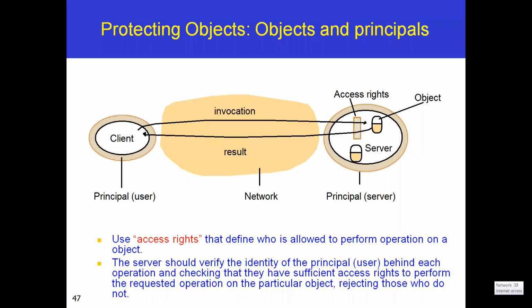It will check the access right. Then the server should verify the identity of the principal user, that is the client, and allow permission to perform the operation on the object. The requested operation on the given object is not directly permissible. It will check the access rights and thereafter give access to the requested object.